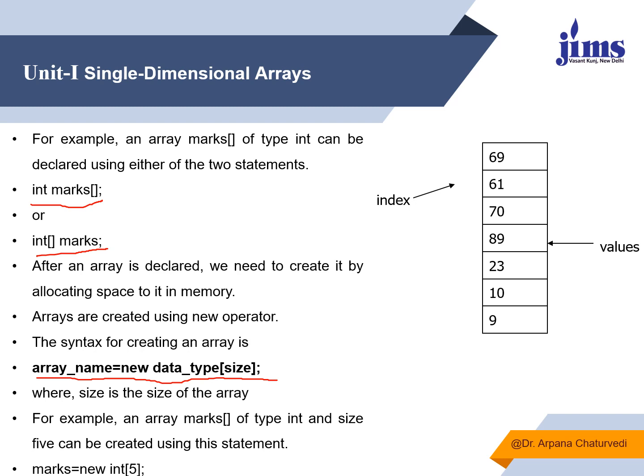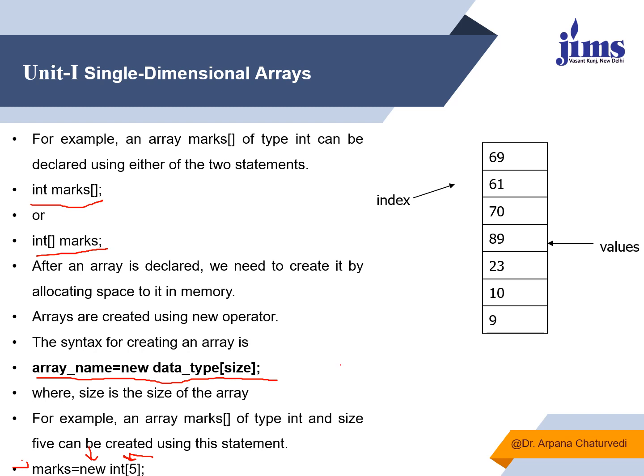Now to allocate the memory to this array, the name of the array is marks, and the amount of memory we want to allocate is for 5 different values. So we make use of the new operator, and then we say that 5 different numbers at different positions can be allocated to the marks variable.